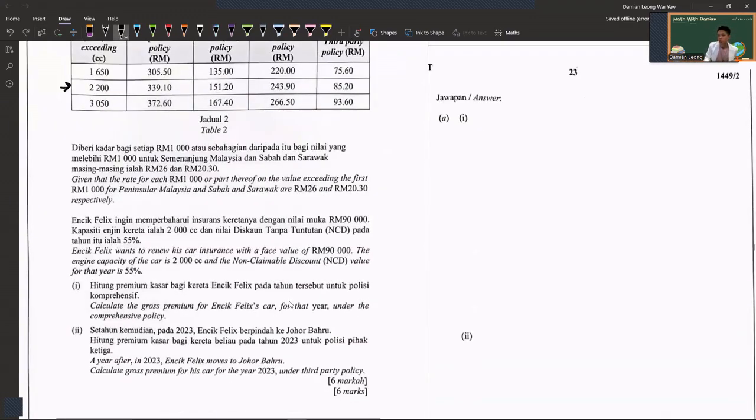Okay, so first I want the gross premium for comprehensive policy. So I find basic premium first. Basic premium under comprehensive policy, so it is 339 ringgit 10 cents.